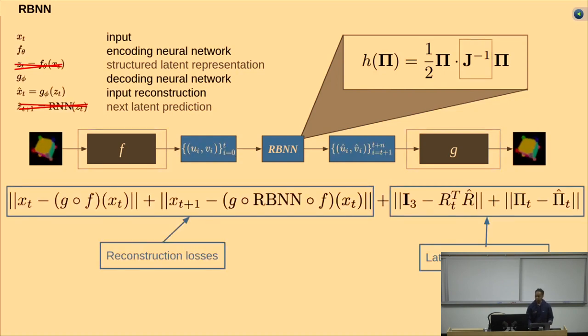We train it with this combined loss function, which penalizes poor reconstruction in the autoencoder and also the dynamics, and also penalizes latent dissimilarity between encoded and dynamics-generated representations of the pose and also the angular momentum.